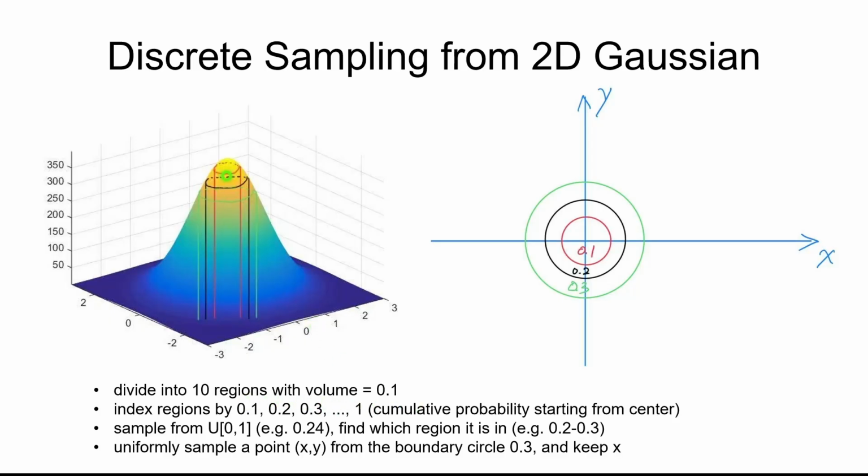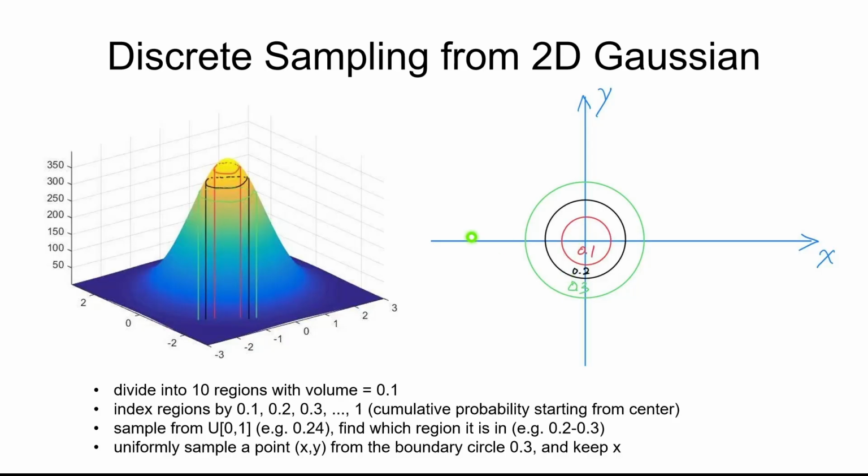We can start from the center, from the origin in XY space, and use a bunch of cylinders to denote the boundaries of the regions. For each region, we want exactly the same volume of 0.1. So in this case, the volume within this red cylinder is exactly 0.1.